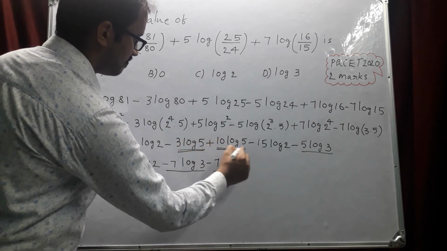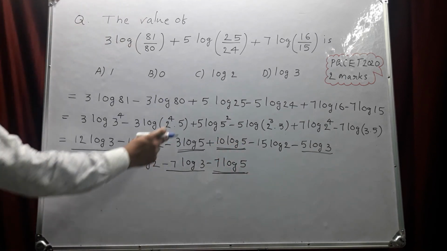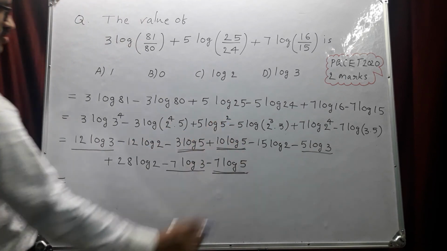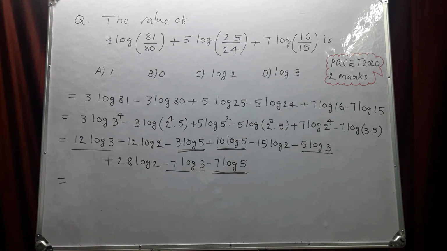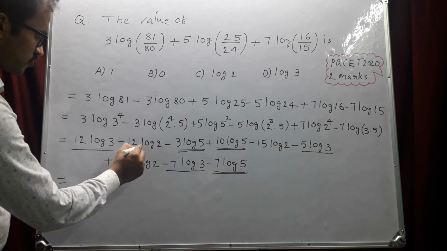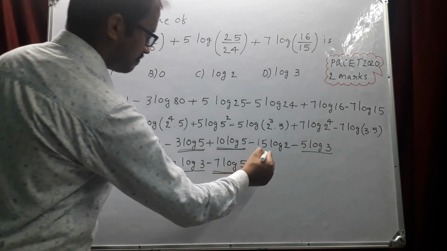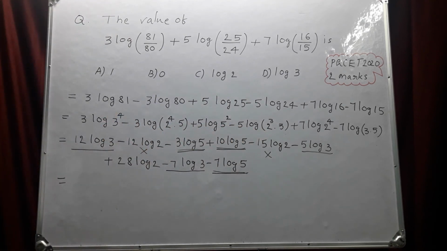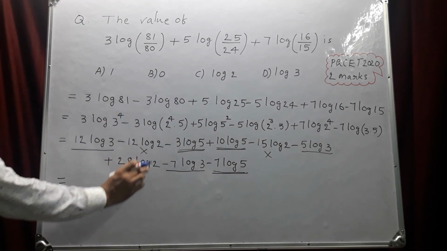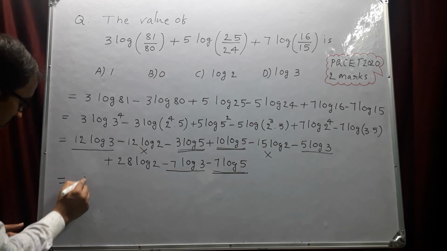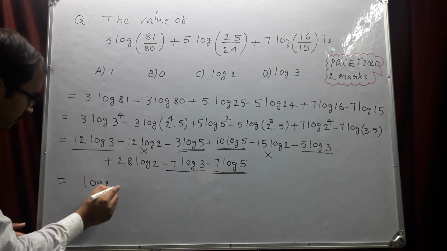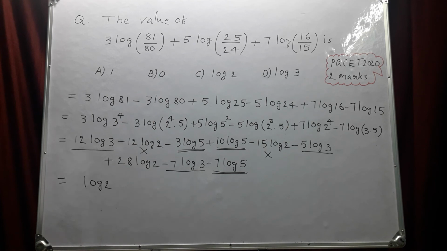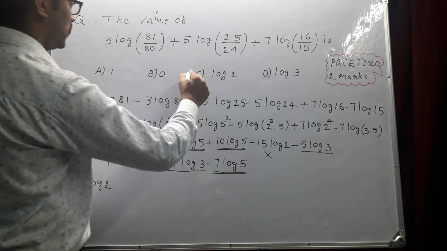Here we have plus 10 log 5. Again these log 5 terms also get cancelled. If you consider remaining terms, that is log 2, minus 12 log 2 minus 15 log 2, that is minus 27 log 2 plus 28 log 2 means we will get log 2. So the right option is log 2.